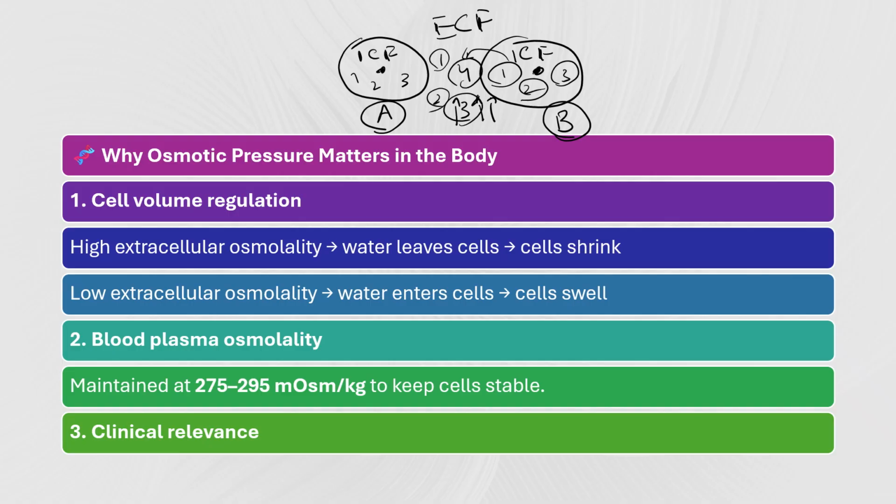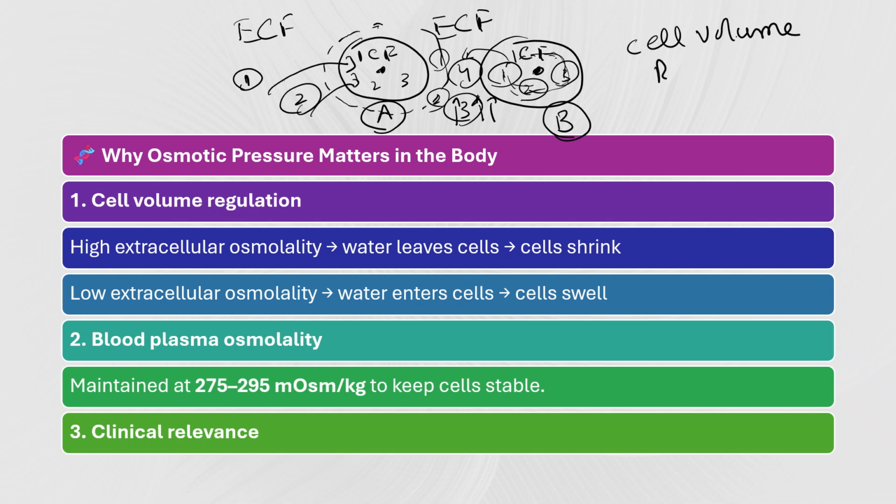Water will move from low solute to high solute, and that will result in shrinkage of the cell. And let's say if the extracellular fluid has fewer particles, let's say only 2 particles here, the water will move from low solute to high solute, which is the intracellular fluid, and that will result in swelling of the cell. So why is osmotic pressure important in the body? Because it is responsible for cell volume regulation.